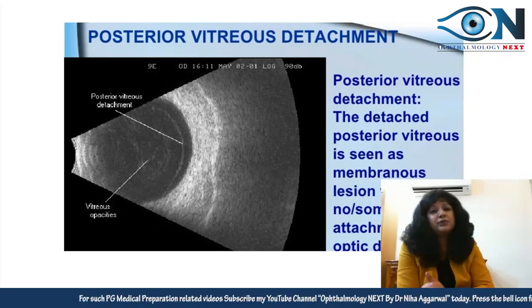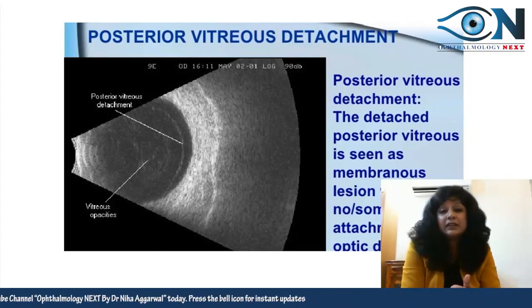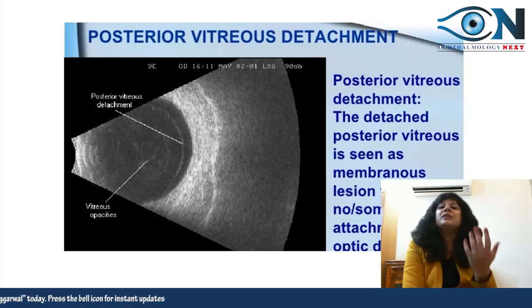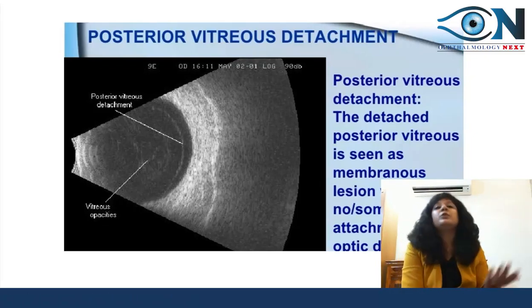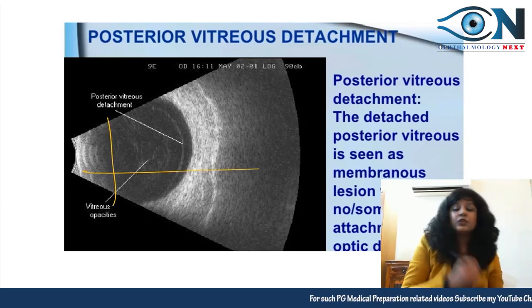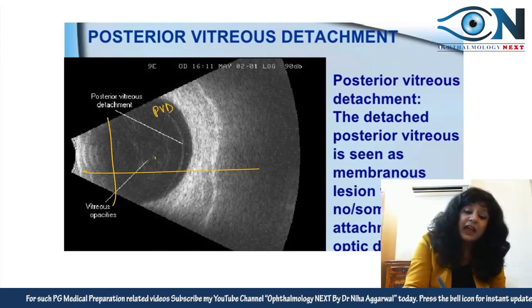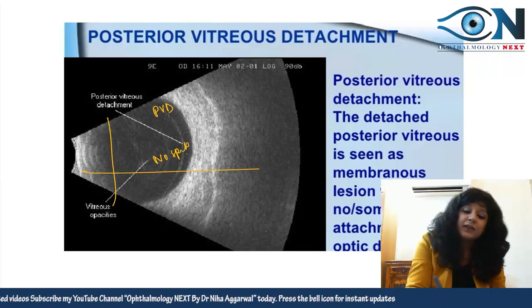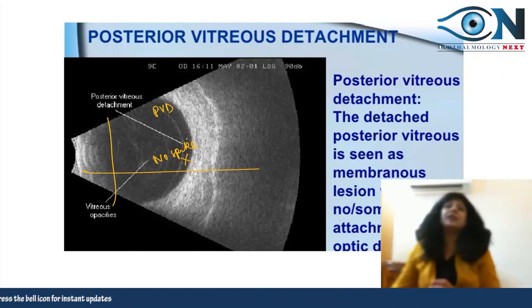Now I'm confused that if it was a PVD, it should not have caused painless diminution of vision. Maybe it is taking place due to the RD, or maybe due to any other reason. So what will I do? I will start with the A scan. If it is a PVD, then I won't get any spike. So if I am not getting any spike, then I am sure that this is a case of PVD.